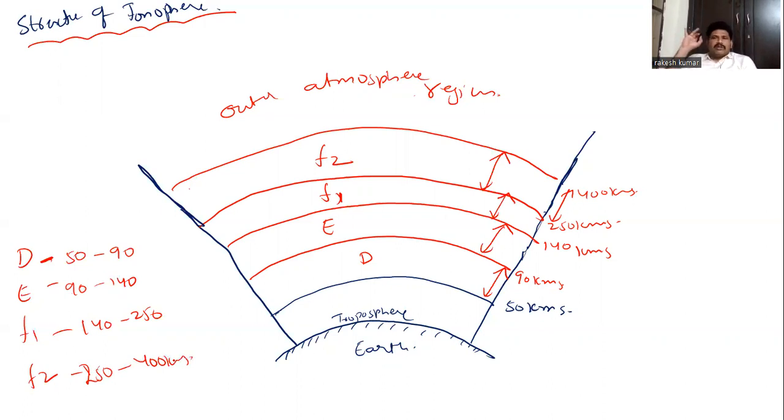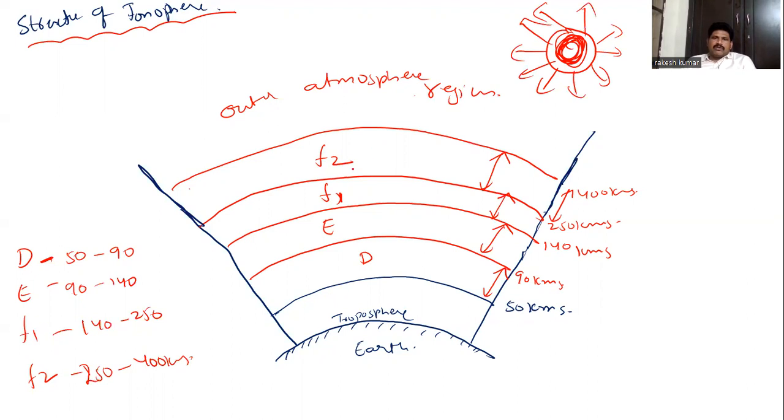Among all these regions, which region consists of more electrons, or more electron-hole pairs? Let us consider this is our sun. Which region will receive more heat from the sun?